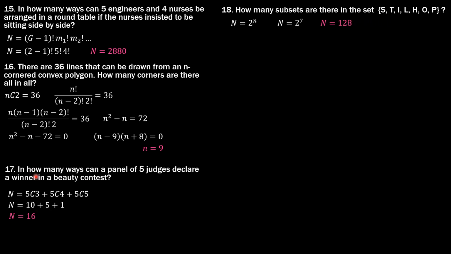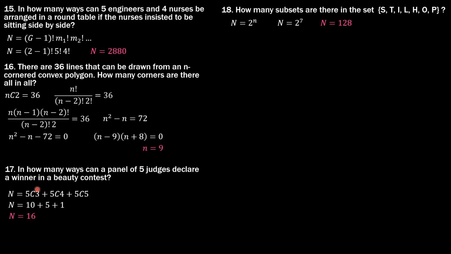Can we use the formula here, 2 to the n minus 1? We can. But we subtract further 5C2 because that's not majority, and 5C1 because that's not majority.